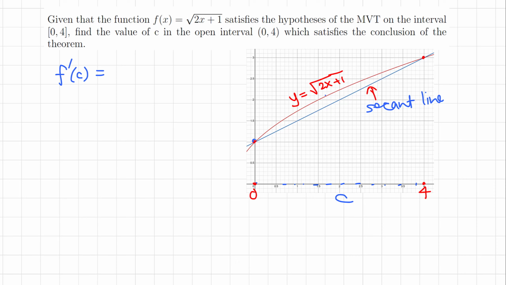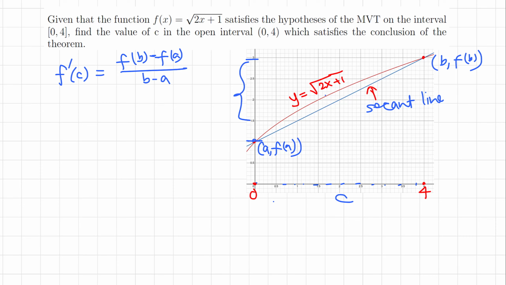If we say this one is a, and this one is b, then the rise is f(b) minus f(a), over the run, b minus a. Rise means from here to here, and this one is the run. This is the statement of the mean value theorem.